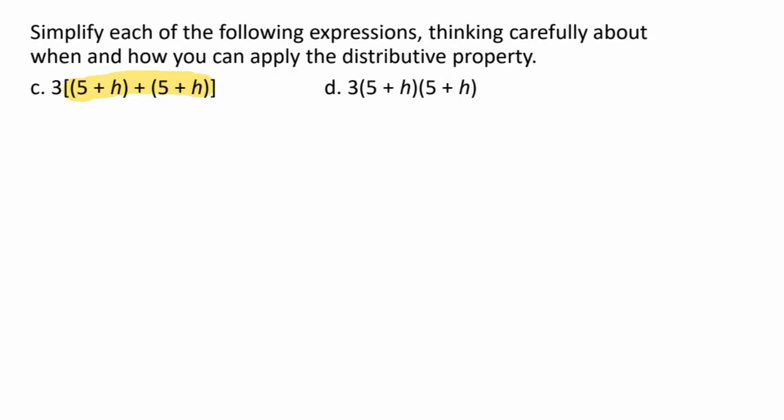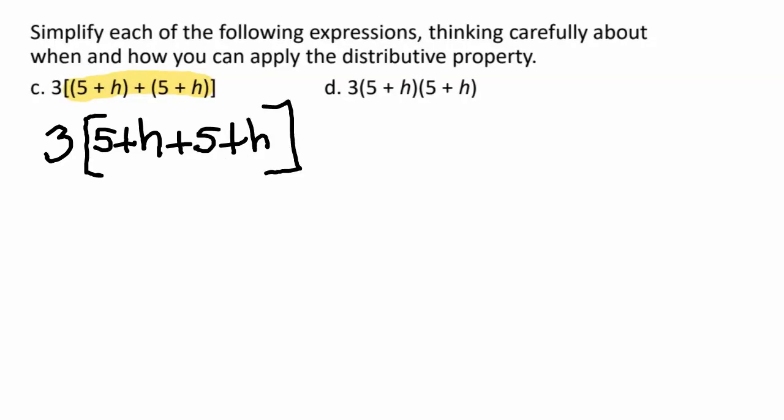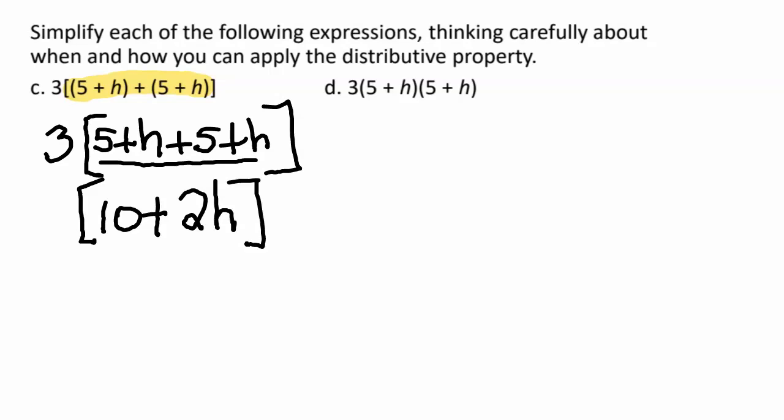So what's happening here is this 3 is staying out in front. This is saying 5 plus H plus 5 plus H. This inside the bracket gives me 10 plus 2H.